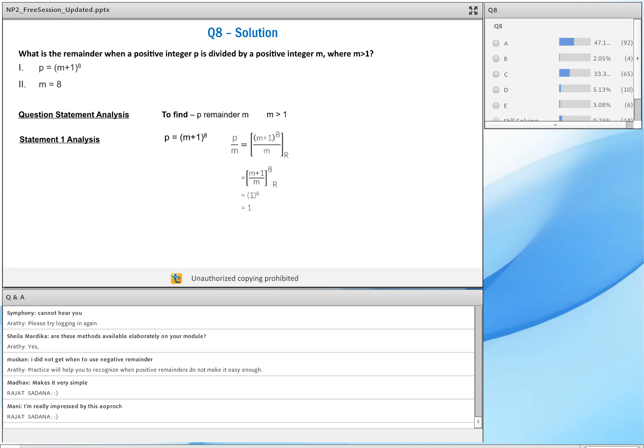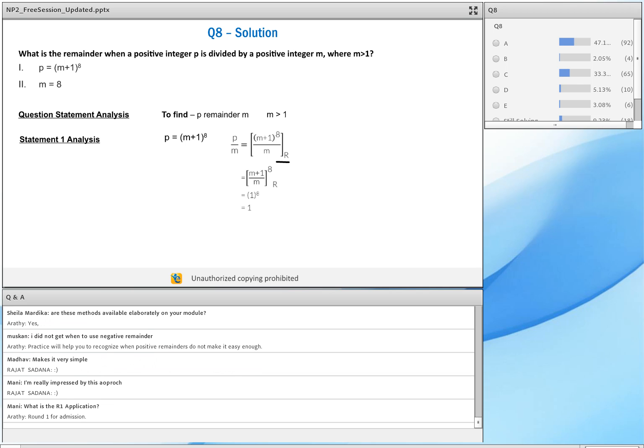We have to find the remainder of that, which means we actually take m inside. Remember, we did such questions before, which means m by m doesn't leave any remainder, which means the remainder is 1 to the power 8. Since it's positive anyhow, we'll not use the concept of negative remainders, we get the remainder as 1, which is a definitive value, which means statement 1 is sufficient.